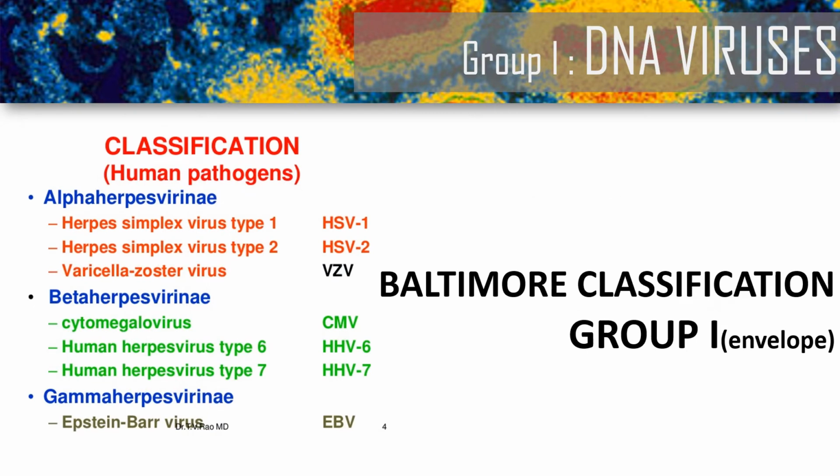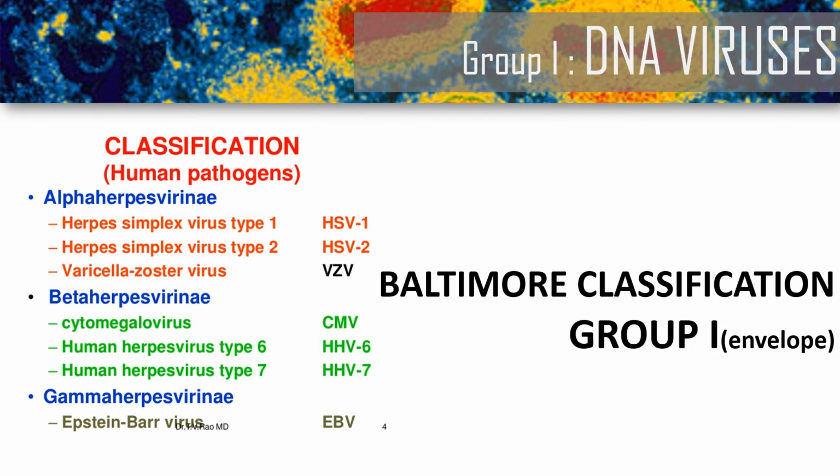Okay, so now we'll move to Baltimore's classification group number 1, enveloped viruses. Okay, class, envelope naman, class, kasi yung dalawa naked, diba? So for envelope, class, madali lang kasi ang pinaka-common dito is your herpes viruses.